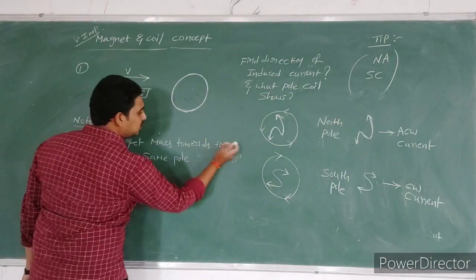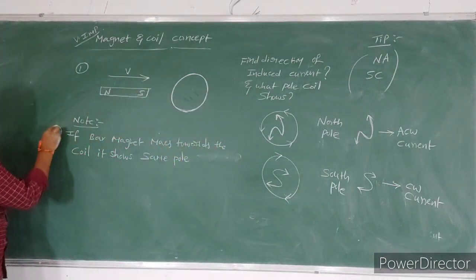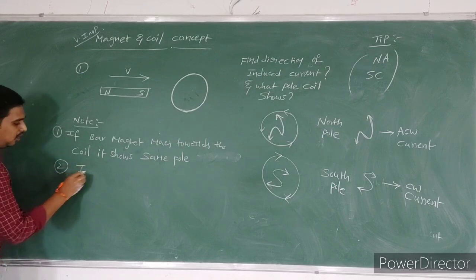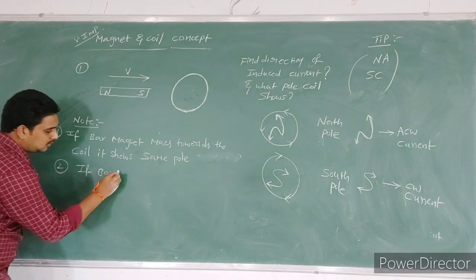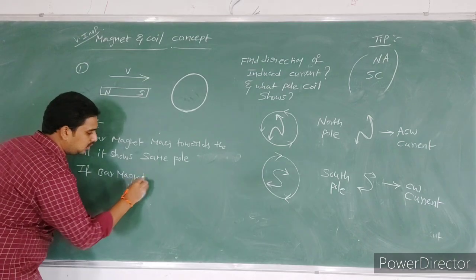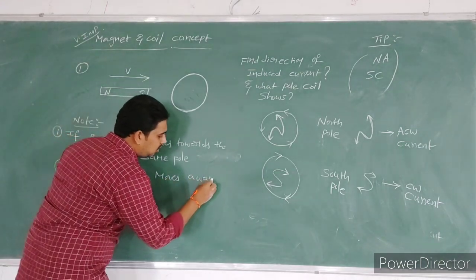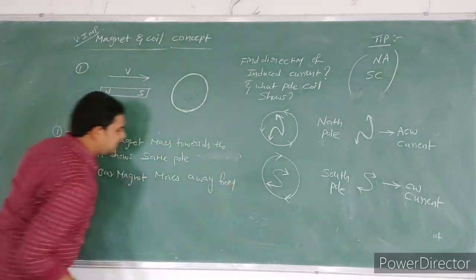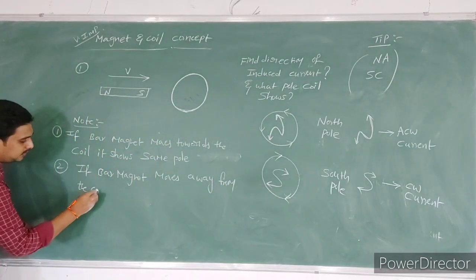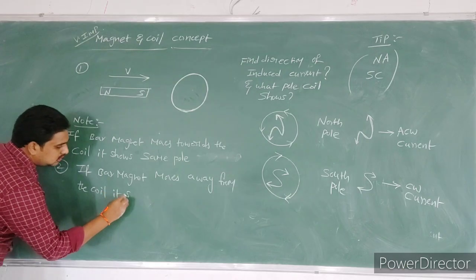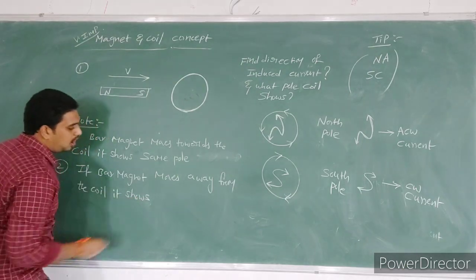So this is the first note point. If a bar magnet moves away from the coil, it shows the opposite pole.